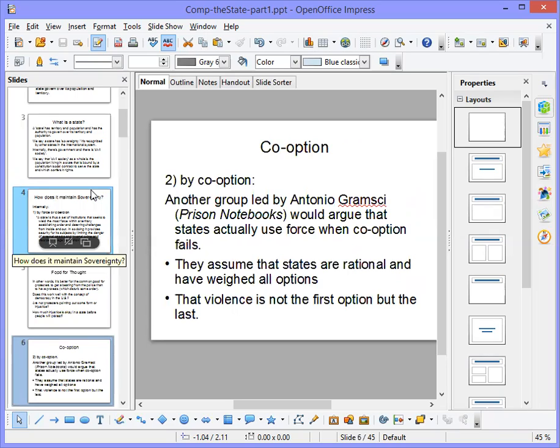So that really is not what states are doing if they want to retain power. They must be giving some freedoms to people. They must be thinking rationally. And violence is probably not the first option, but the last, right? So they're saying something else is going on here. Force is probably used as the very last option.